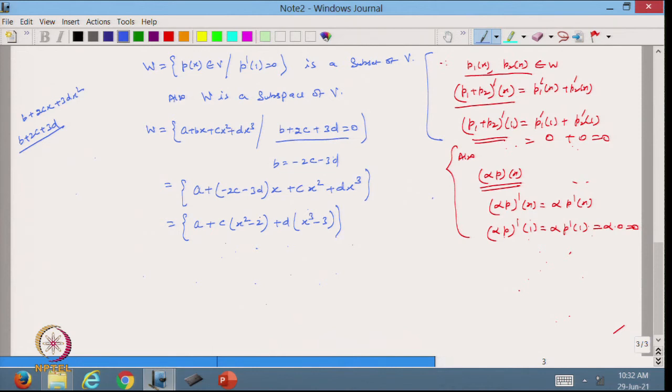Okay. So, x will be there, no problem, because I am taking with respect to x. So, x square minus 2x, x cube minus 3x.